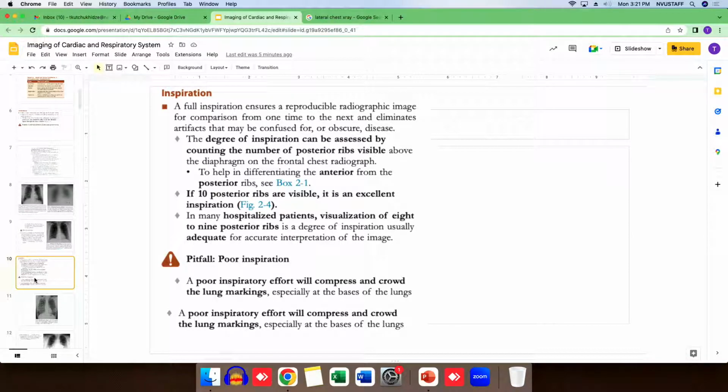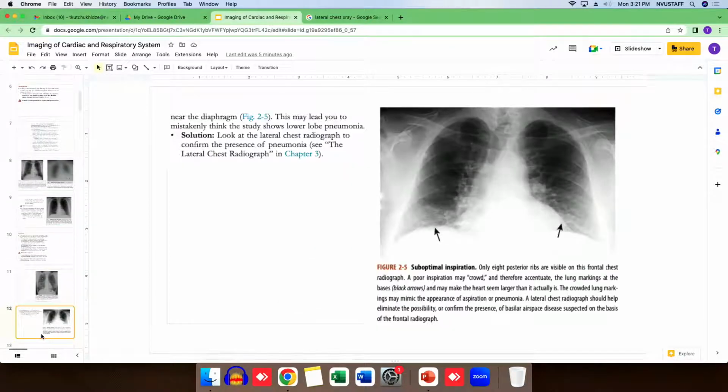When we have poor inspiration, our lungs will be more compressed, and we will have more crowded lung markings, especially at the bases of the lungs, and the number of ribs that we count will be less. In suboptimal inspiration, we can count around 8 ribs. For example, 1, 2, 3, 4, 5, 6, 7, and 8 ribs here.